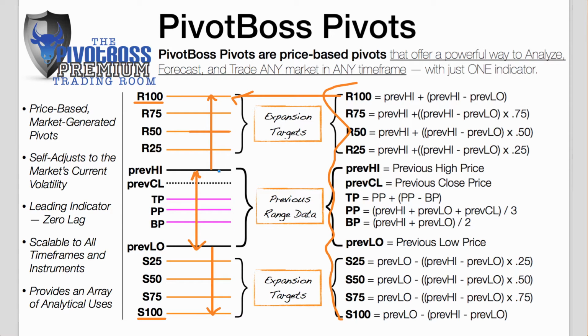From there, 50% of that range projected would give you 50. You have 25 and 75. So basically, you just see expansion every 25% increment.